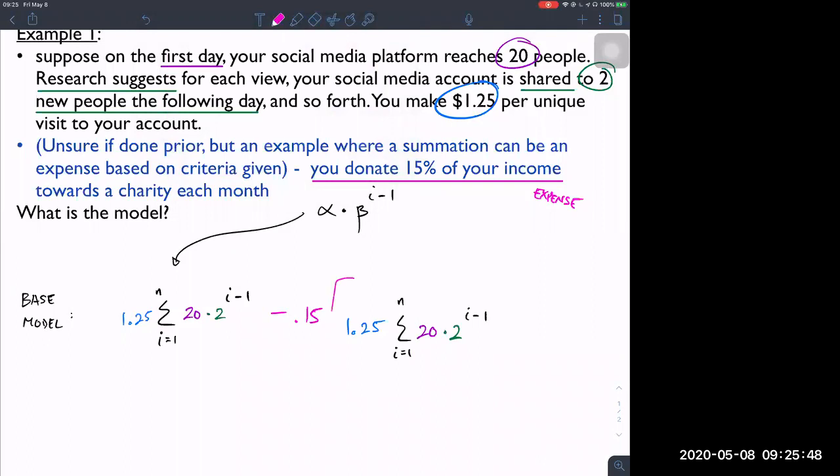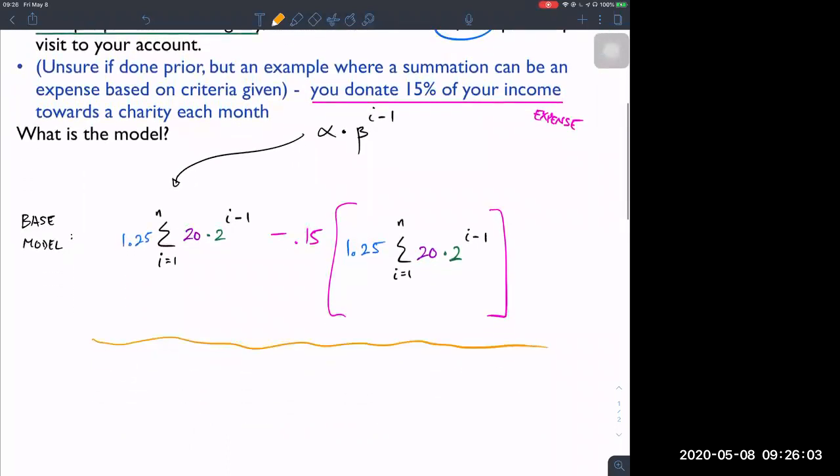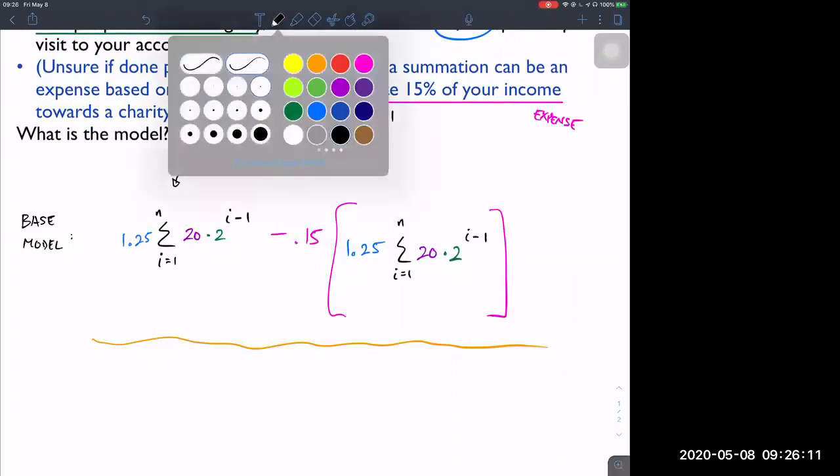Now, before people freak out or feel like it's a little bit too much, remember this is the base model, all of this. And before anything needs to be done, just realize that you are not solving anything in this format or in this form. I guess I'll put that as a note as well.